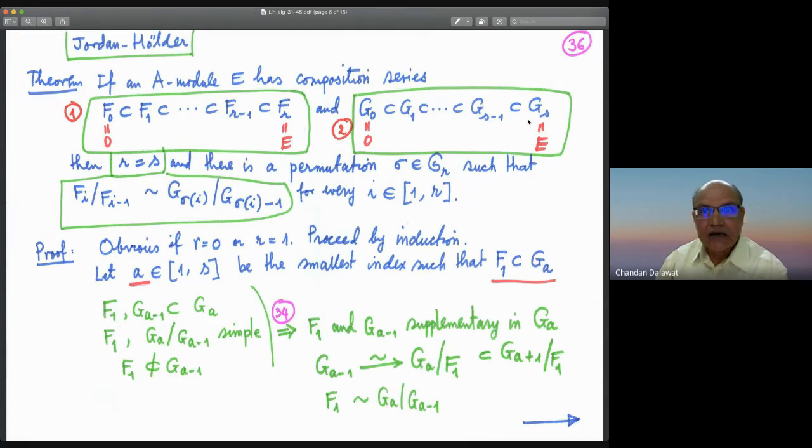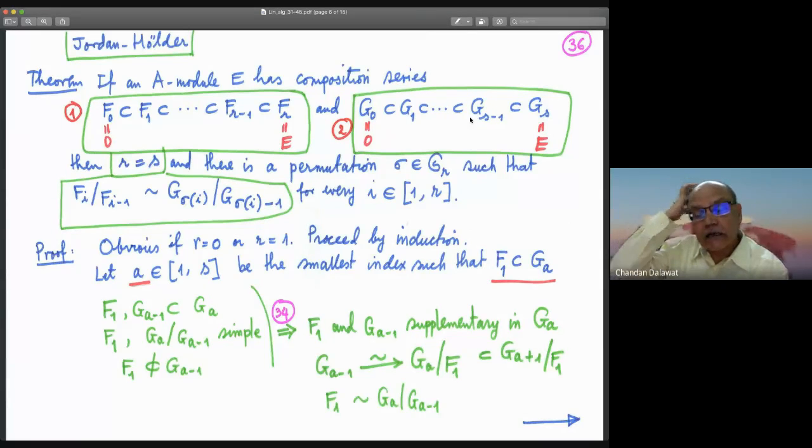This little r is equal to this little s. And there's a permutation such that the successive quotients of the first one are isomorphic to the successive quotients of the second one. Meaning the successive quotients are really the same up to the order in which they appear.